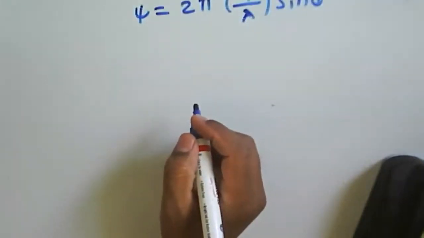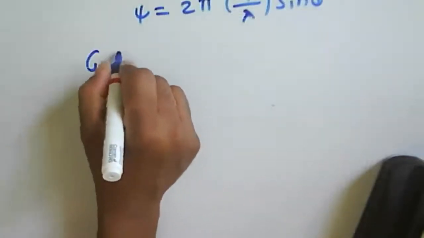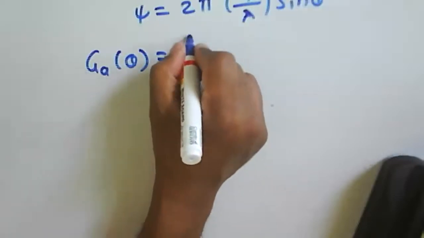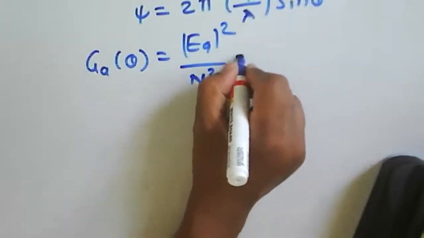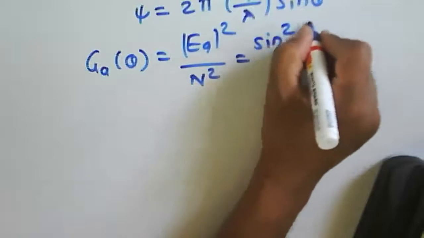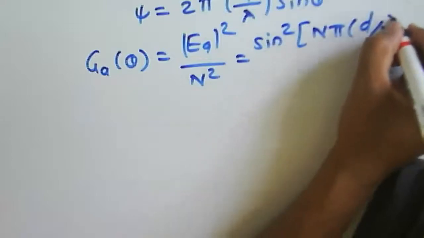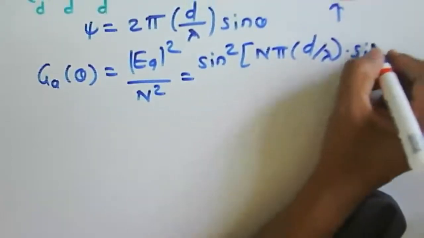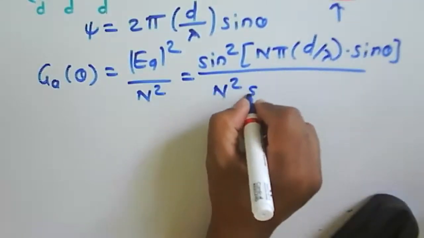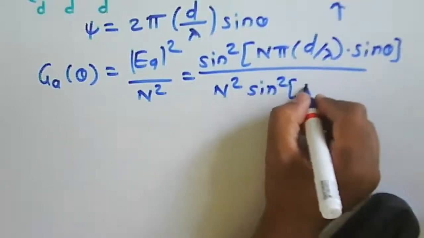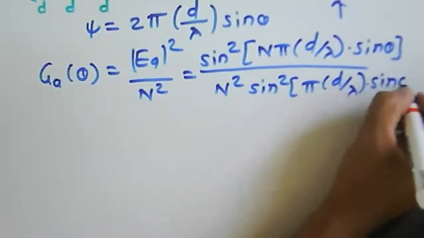This normalized radiation pattern value, we can consider here G_A of theta is equal to whatever the amplitude we have divided by N square, is equal to sine square N pi d by lambda sine of theta, divided by N square sine square pi d by lambda sine of theta.